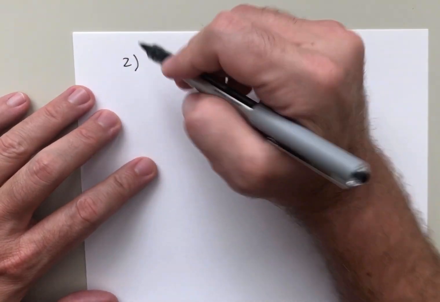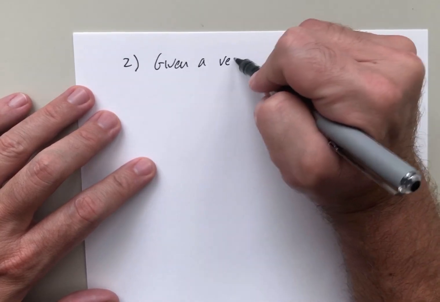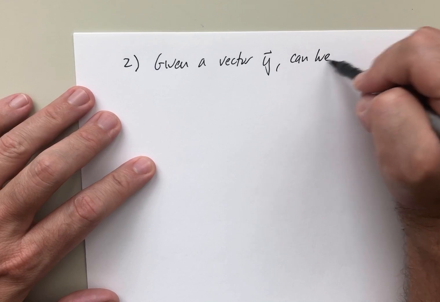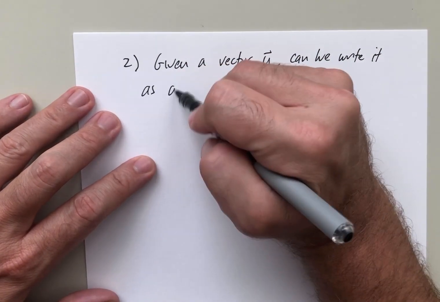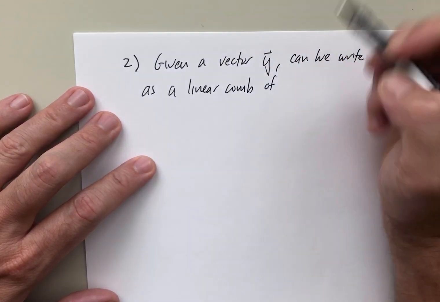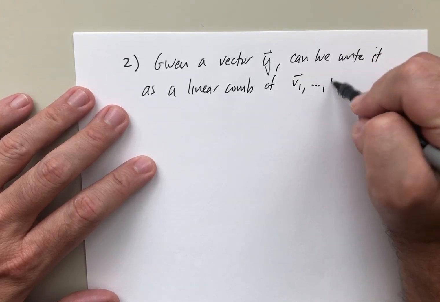Question 2 that we're going to address is, given a vector y, can we write it as a linear combination of v1 through vn?